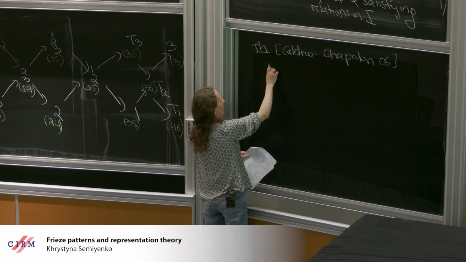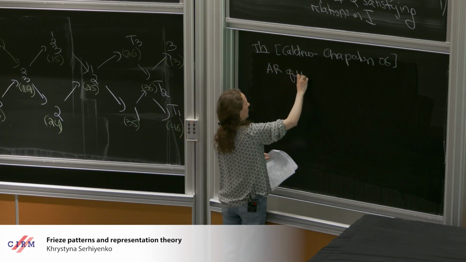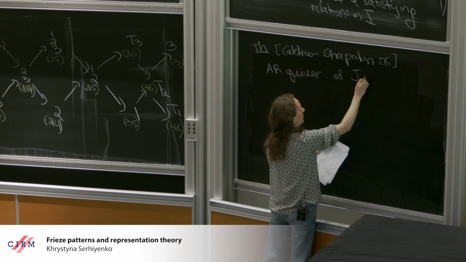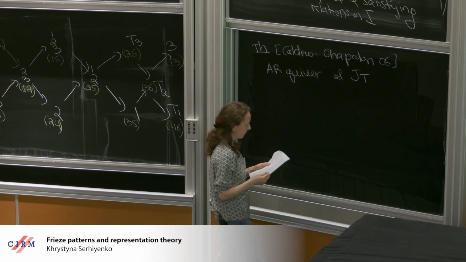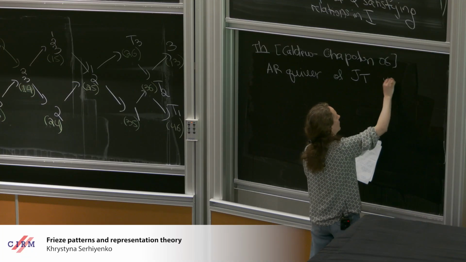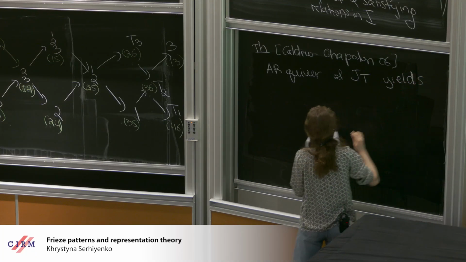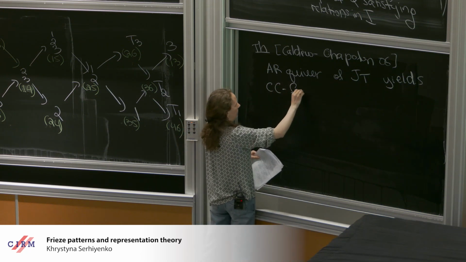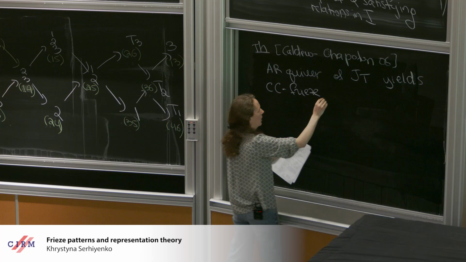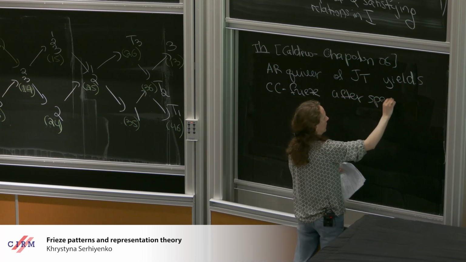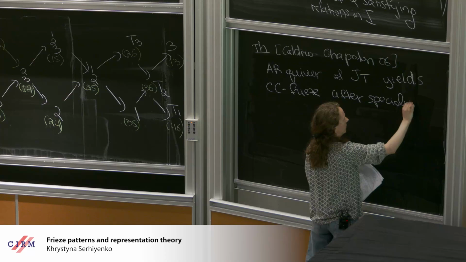If you look at the AR quiver of the Jacobian algebra, this AR quiver yields a Conway Coxeter frieze after specializing as follows.